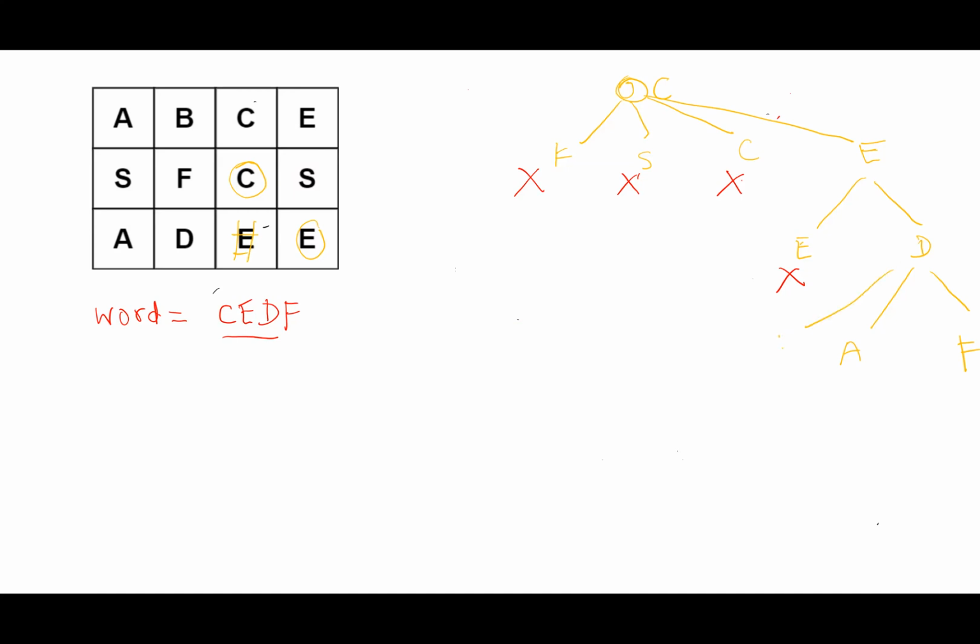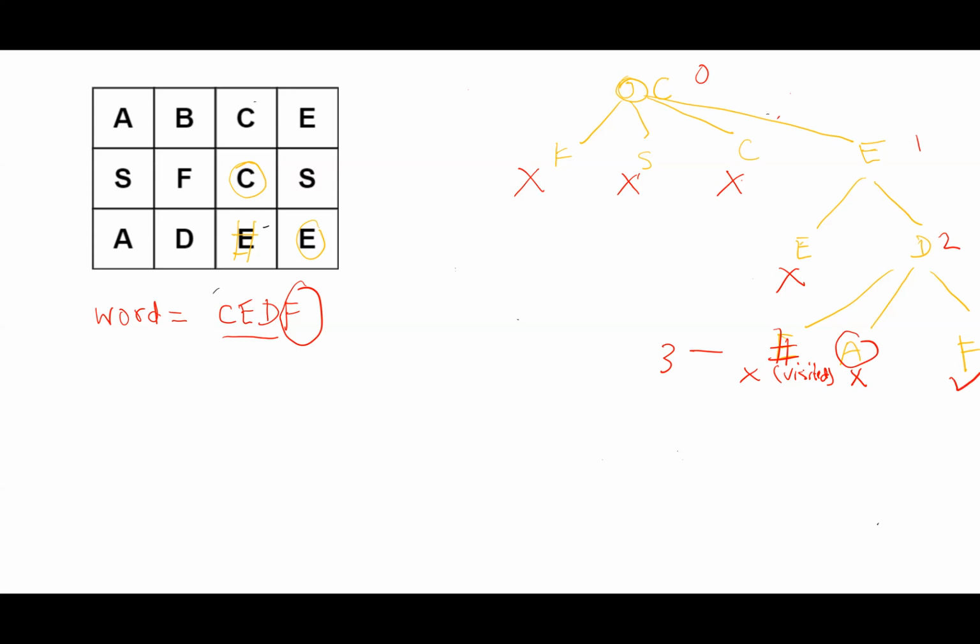This is already visited and already replaced by this. This one also will be a failure because of the character mismatch. So here is level 0, this is level 1, this is level 2, this is level 3. But the third character here is a mismatch, so this is failing, but this is a success.